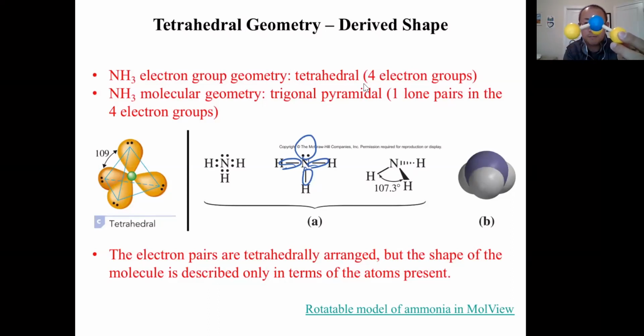We call that trigonal pyramidal geometry. Why is that? Because this geometry came from tetrahedral, but one of the electron groups is a lone pair of electrons, so there's no bonded atom here. That's why we derive the shape of trigonal pyramidal.